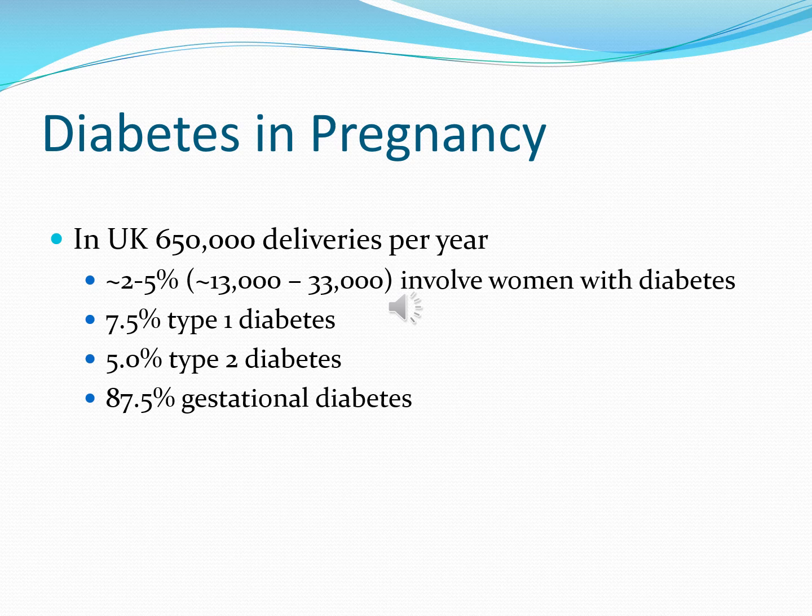Okay, the majority of which is due to gestational diabetes. So they don't have type 1, they don't have type 2. They have simply developed diabetes during their pregnancy. And it's important to identify because it can be associated with a morbidity and mortality for both mum and particularly for the fetus.